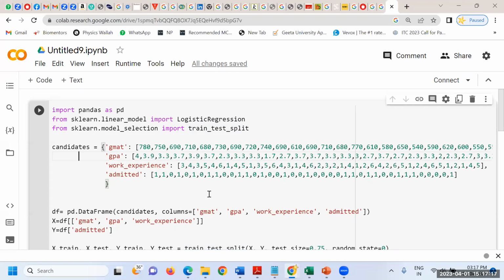The data is given in this dictionary format. Curly bracket means dictionary. One important chapter is there by the name dictionary. We are using this dictionary in order to take the data. It has key and value. This is key and this is value, and the value is given in list format.